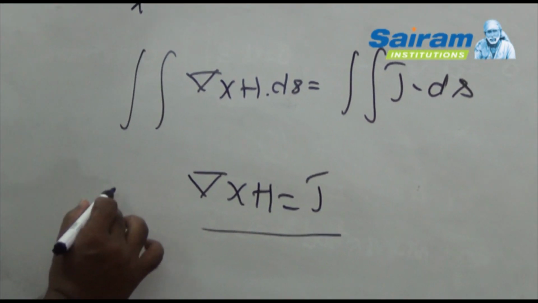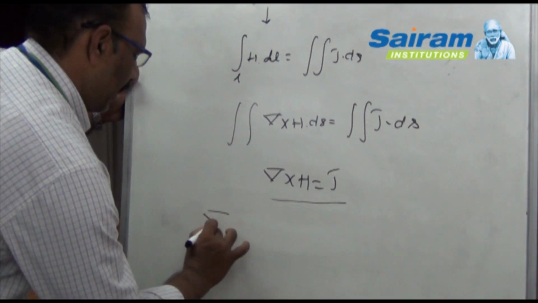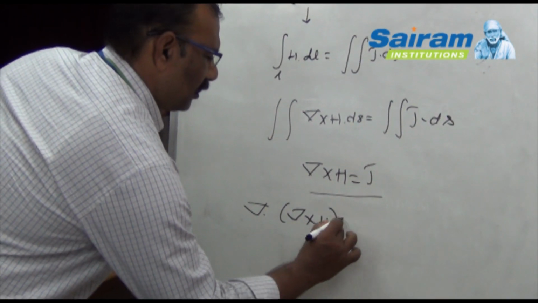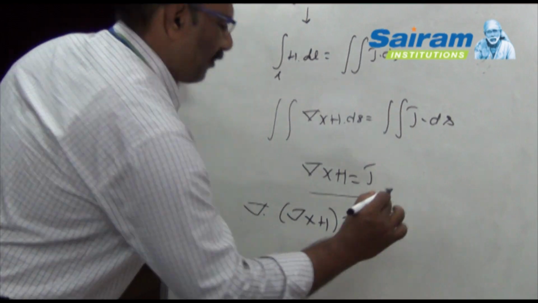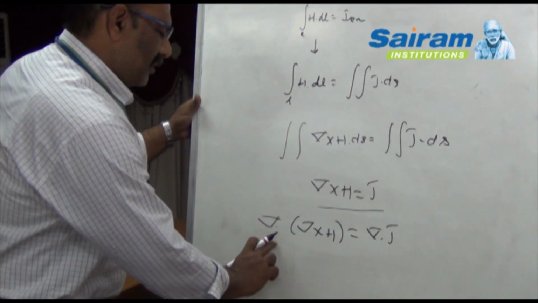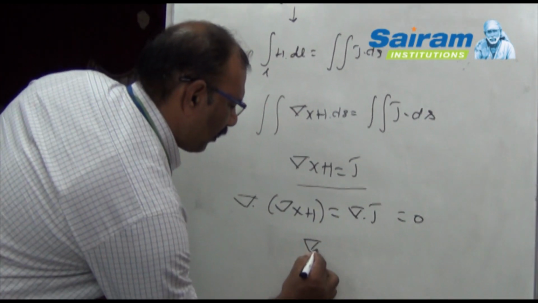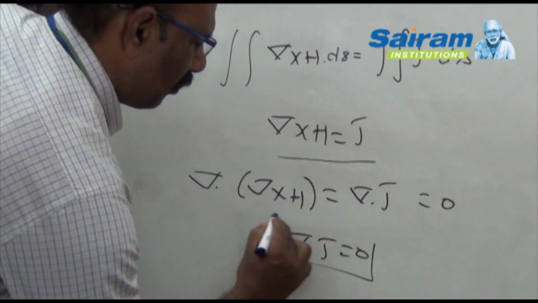If you take the divergence on both sides, it becomes divergence of curl H, which is equal to divergence of J. We know that divergence of curl is nothing but 0. That means divergence of J equal to 0.